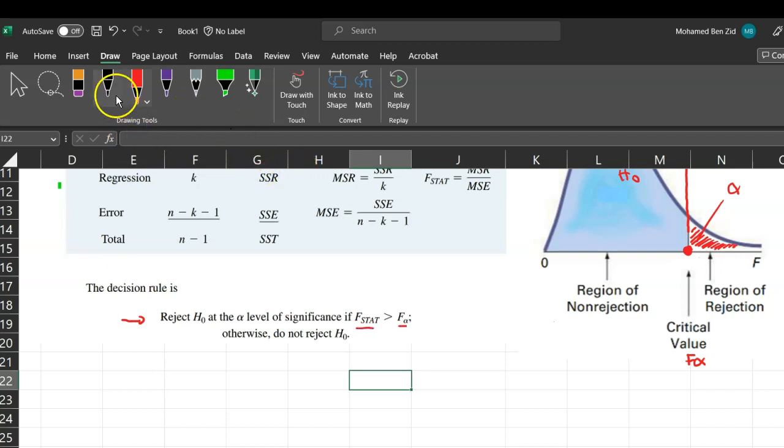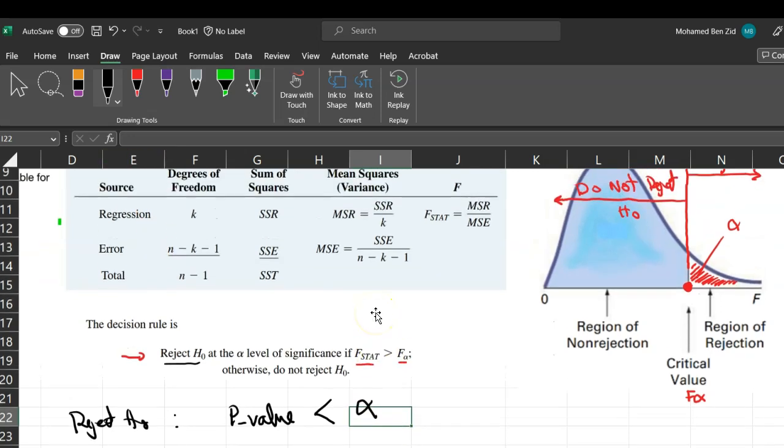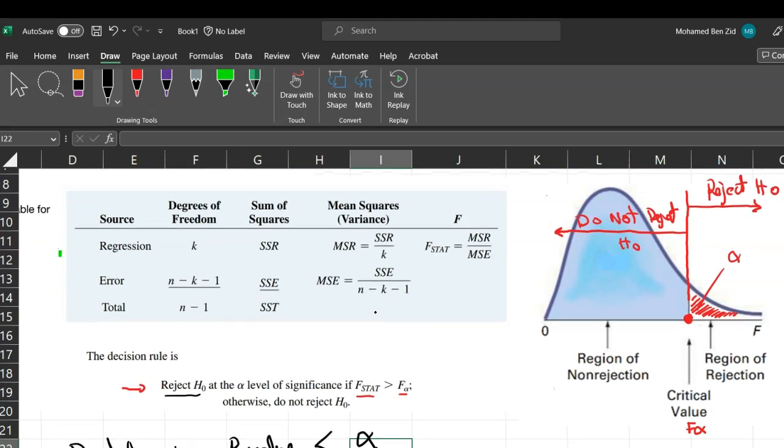So I cannot compare the F stat with the F alpha. An alternative is to compare the p-value and the alpha value. If the p-value is less than alpha, we reject H0. It is very similar to the other statement. The alpha value is where the F critical stops. Since the p-value is equal to 0, it is a very small tail that we can barely see.